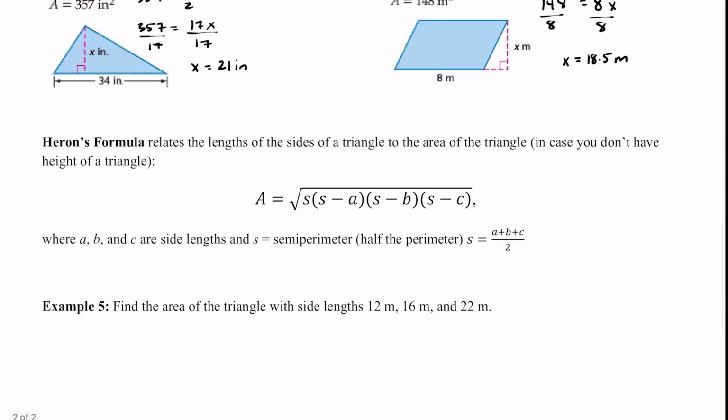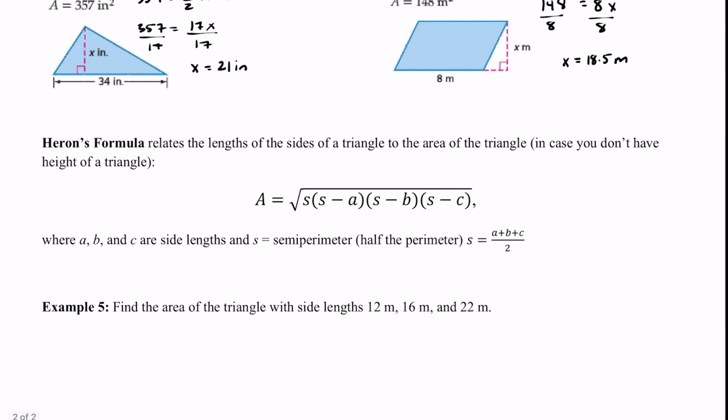All right. Now, we're going to go ahead and move on to this formula here. It is a huge formula. It's called Heron's formula. Heron's formula essentially just means that if you have all three lengths of the sides of a triangle, in order to find the area, but no height is given, then we use this formula.